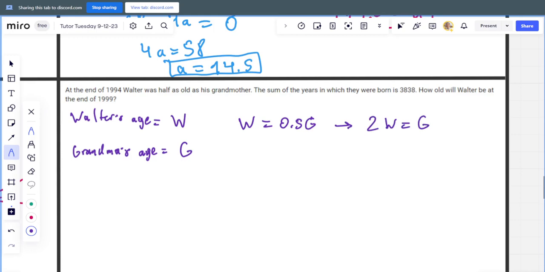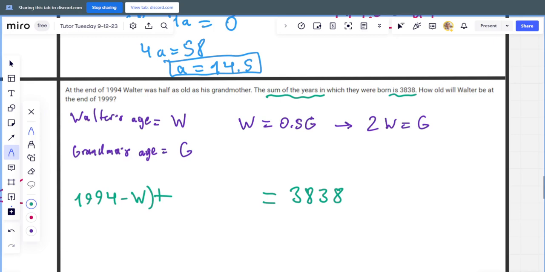If we want to find the years that they were born, or the sum of, so this is the next piece of information I'm going to use. The sum of the years in which they were born is 3838. Something plus something is equal to 3838. What I know is that the year in which Walter was born is just going to be the current year minus his age.